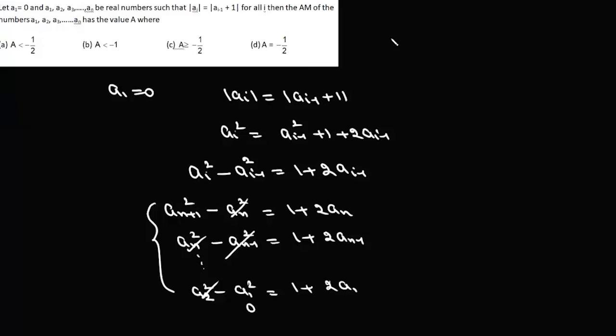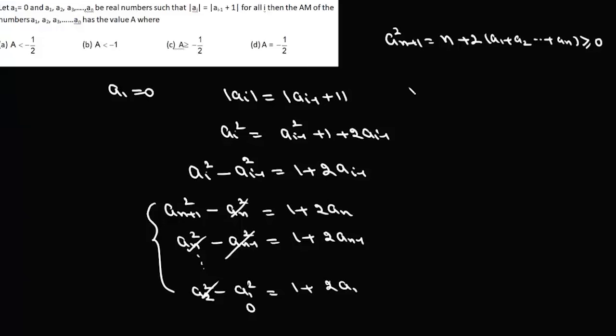So from here we can write a_(n+1) squared will be 1 plus 1 plus 1, n times, so there will be simply n, plus 2 times (a_1 plus a_2 up to a_n), and we know that the square of any number is greater than or equal to 0.